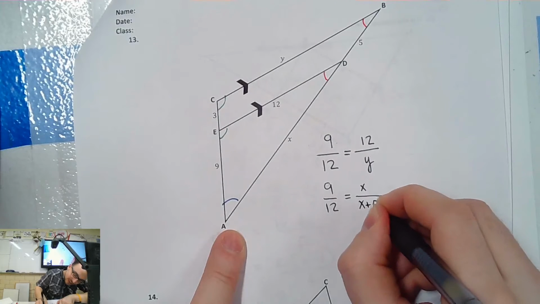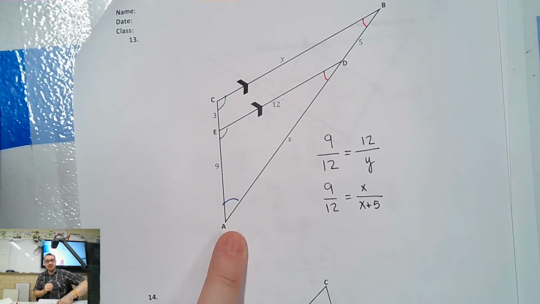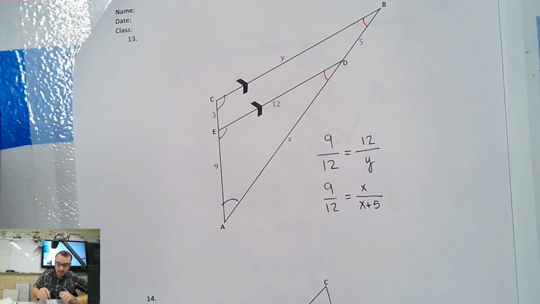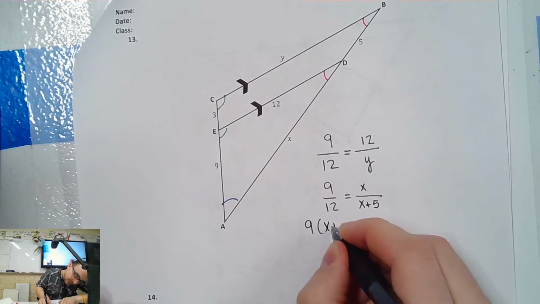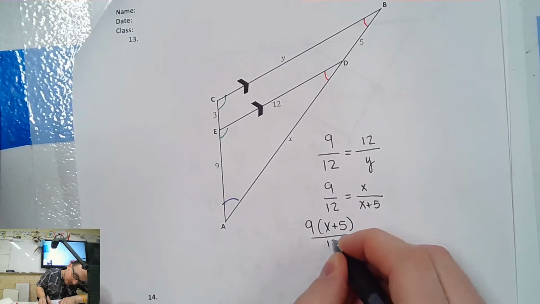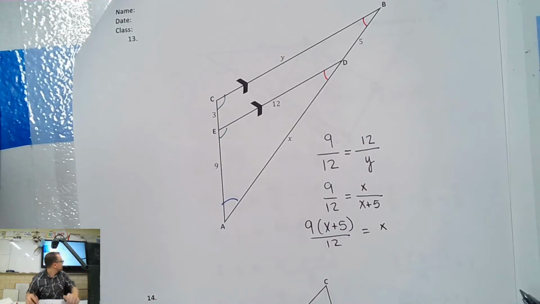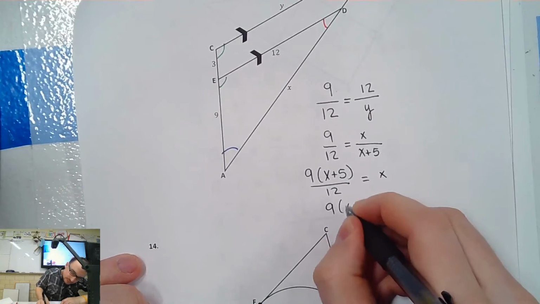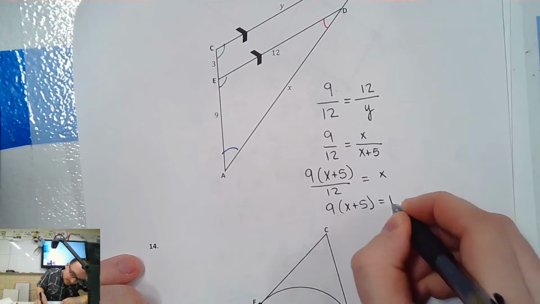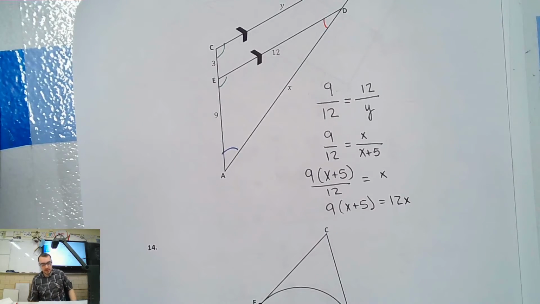I'm gonna write x plus 5. So here's how we're gonna solve this problem. I'm gonna set 9 over 12 equal to x over x plus 5, and multiply the 12 over. Does that make sense? Now you'll distribute and you'll solve, right?